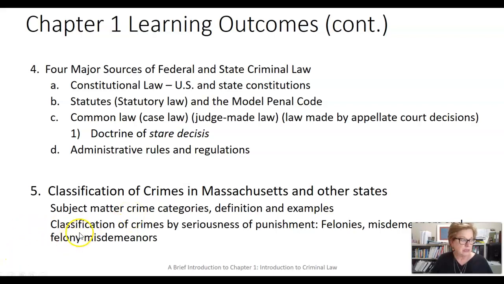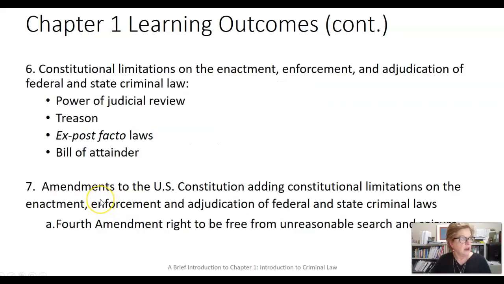And depending upon what that punishment is for a person convicted of the federal or state crime, it is classified as either a felony or a misdemeanor, or in Massachusetts, as in many states, there's sort of an overlap category, and we'll learn about that. We'll talk about the constitutional limitations on the enactment.